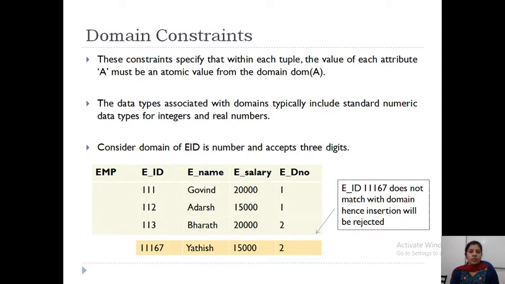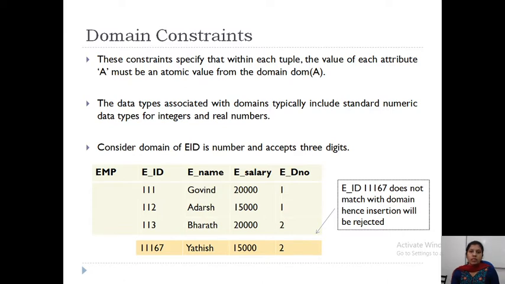Now what happens if you try to enter a new row, or tuple, with a 5 digit value for employee ID, that is 11167? It has 5 digits, so it does not match the domain of the employee ID attribute. In this case the insertion will be rejected.